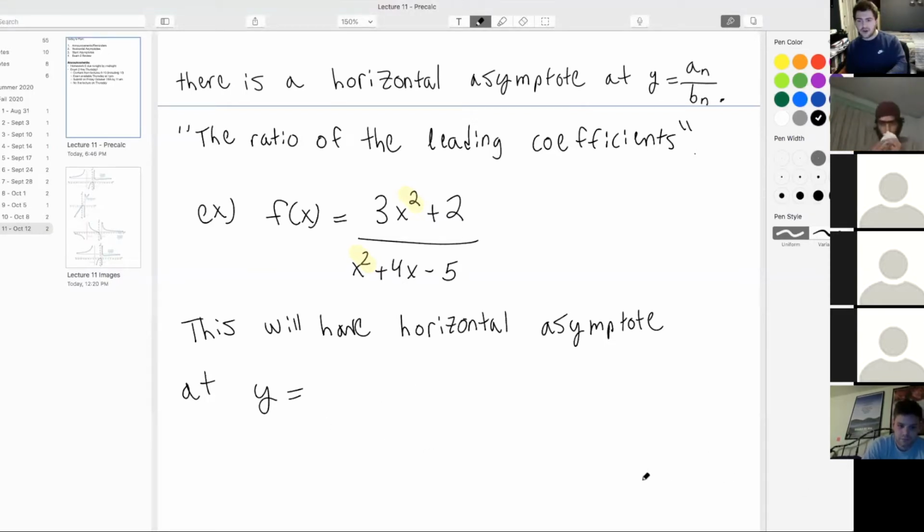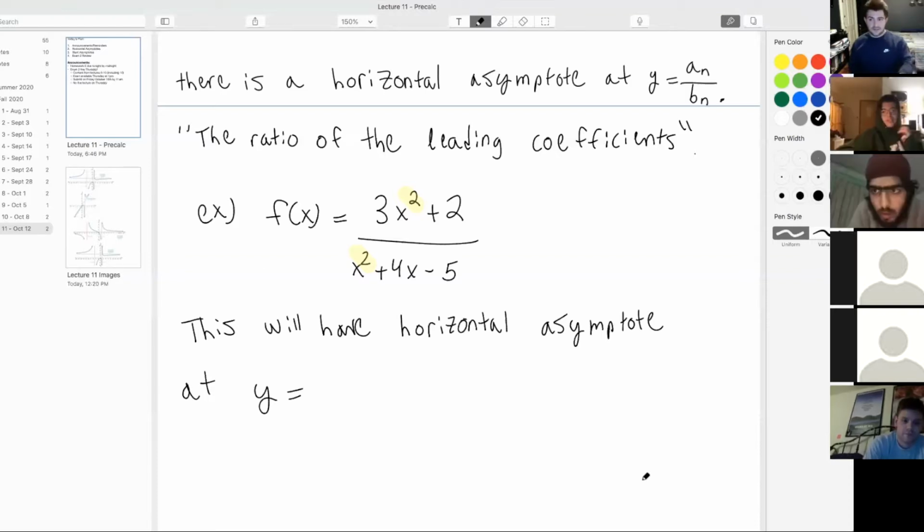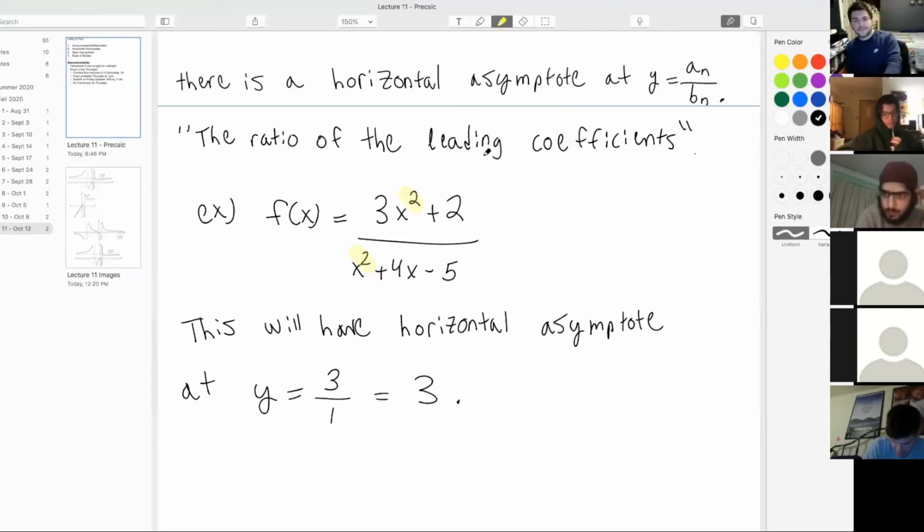Where will this have a horizontal asymptote? 3 over 1, or 3. Yes, exactly. Excellent. Thank you, Eli. We'll have it at y equals 3 over 1, but we usually don't write things over 1 because it's just itself, so it's just going to be y equals 3. Excellent. So horizontal asymptote at y equals 3.